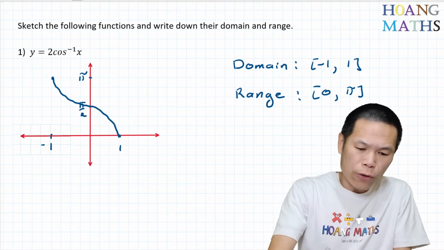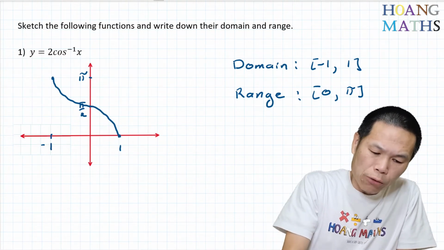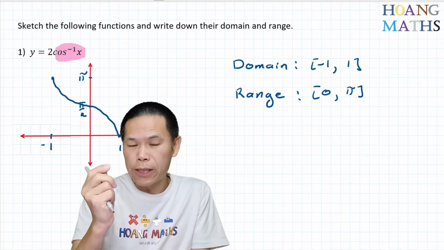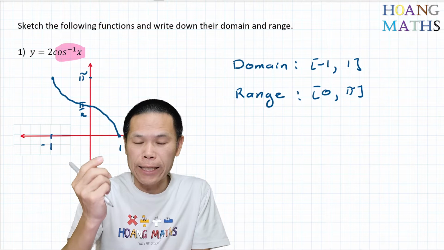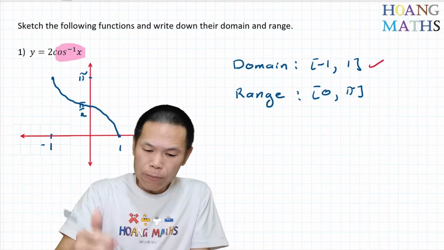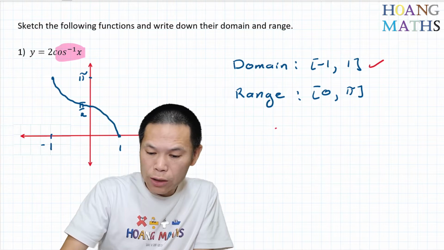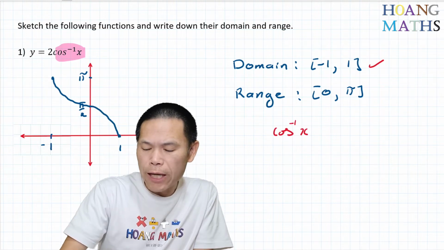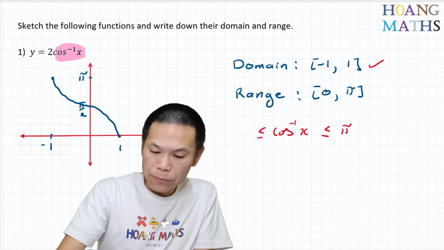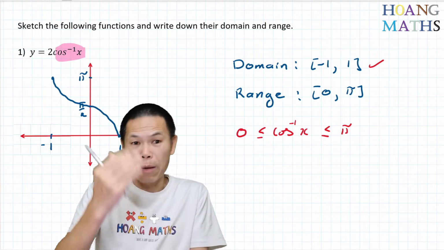So now if you look at the graph, this is still cos inverse of x. So we know that the domain of this is not changed, okay? It's exactly the same. But then we know that cos inverse of x, the range is between 0 and pi, okay? So this is 0 and pi.